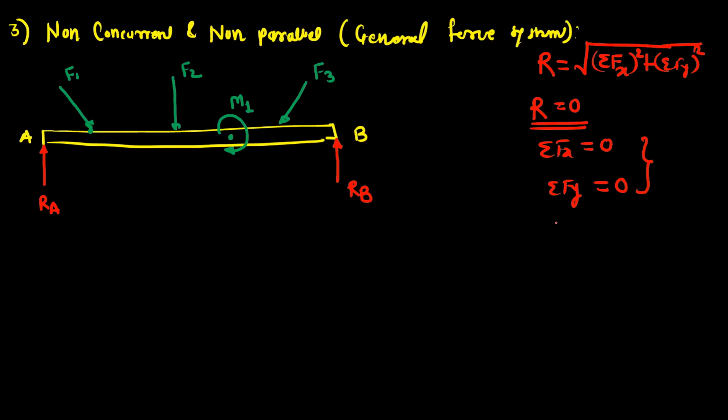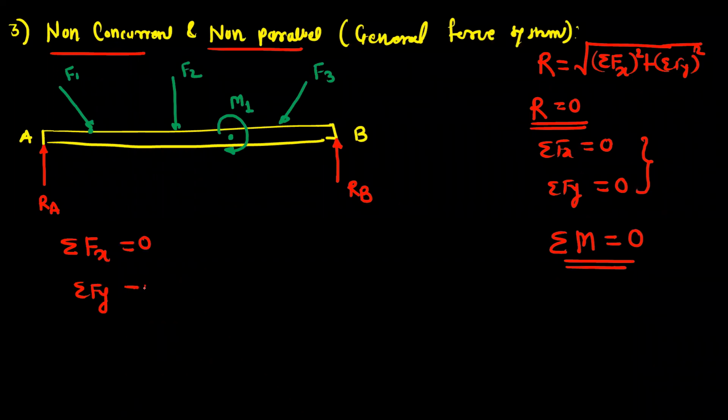And sometimes you need to use the condition that summation of moment should be 0. Then the system will be in perfect equilibrium. So for a non-concurrent, non-parallel force system, we have the conditions summation Fx equal to 0, summation Fy equal to 0, and summation of moment equal to 0 at any point of the system. These conditions are similar to the parallel force system.